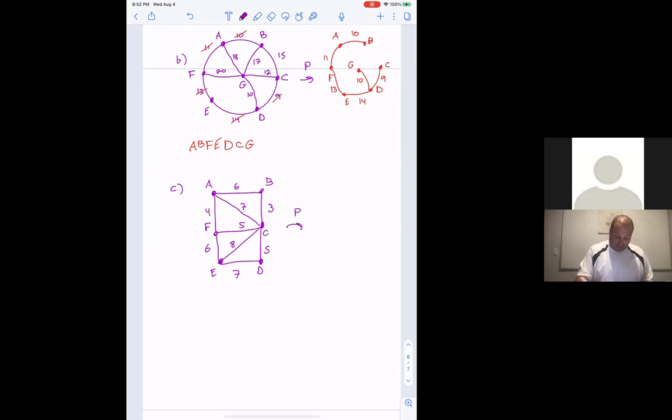And we're going to again use Prim's algorithm. Again, you should be pausing and doing it yourself. So we start with A. We have a 4, 6, or 7, so we're going to use the 4. So A, then F with 4. And then coming out of A or F, I see a 5. C. Coming out of C, I see a 3. I don't think anything beats that.